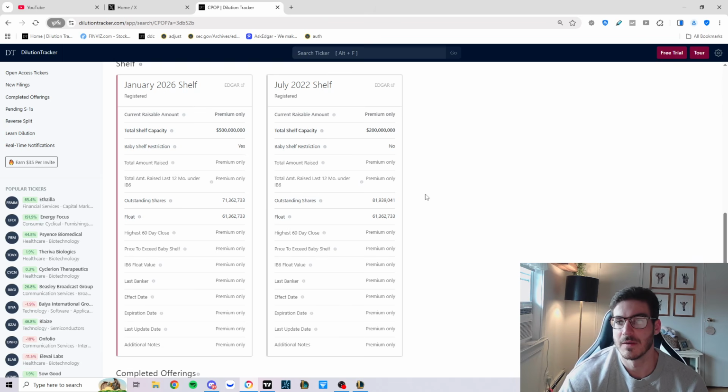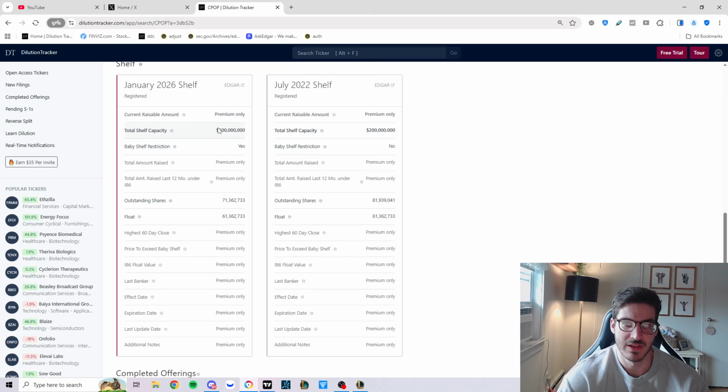essentially, you have shares on a shelf, and you can sell them from time to time over the course of, let's say, 12 months, as long as it's effective. It's not something that is just going to be dumped nonstop. A lot of times companies actually activate them before they start pumping, because it gives them the availability to dilute.